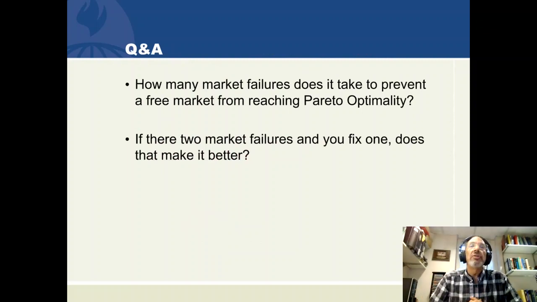Is this, if there are two market failures and you fix one, does that make it better? I wish the answer was a definitive yes, it always makes it better to fix every market failure you can, but the answer is not sure. The welfare theorem that we are going to announce only works if all of the market failures have been corrected.